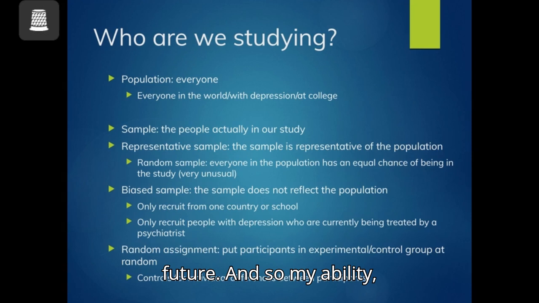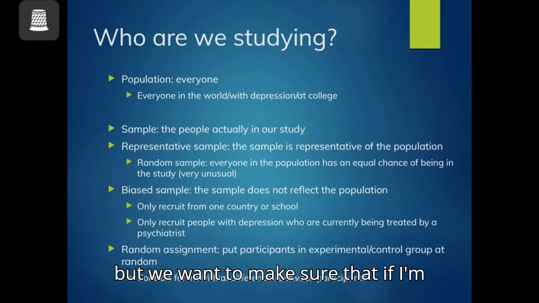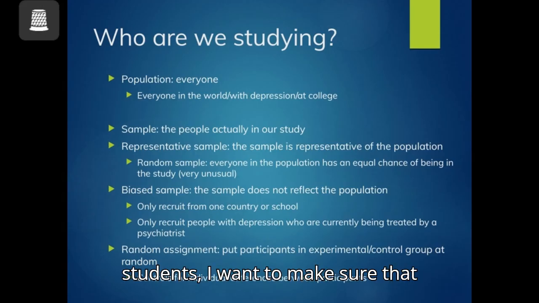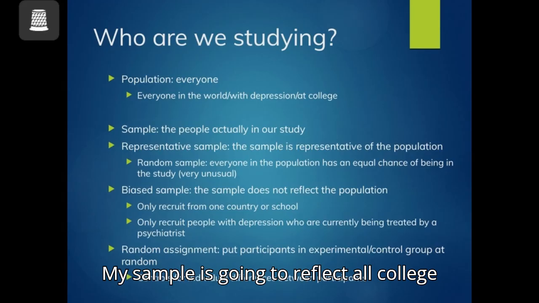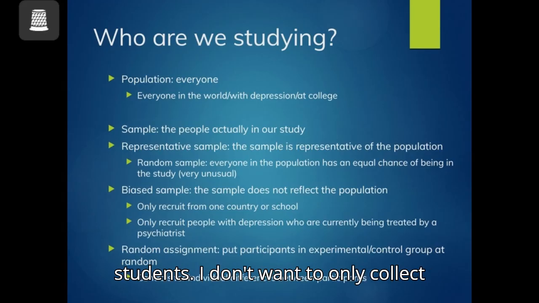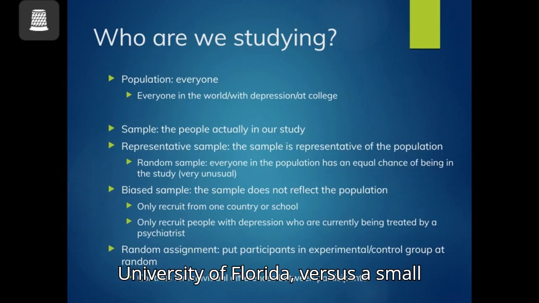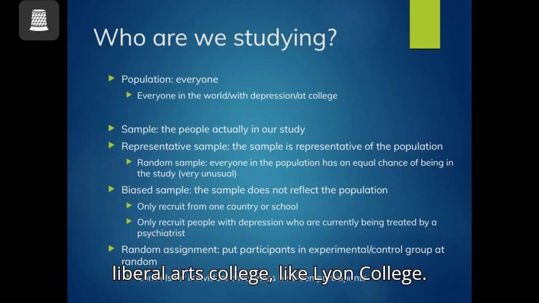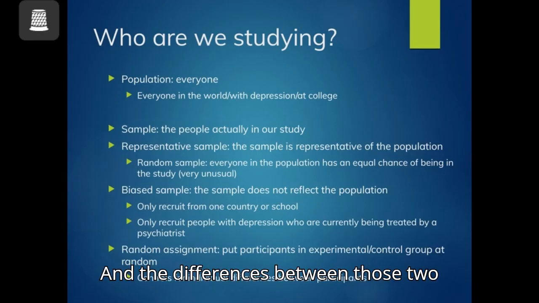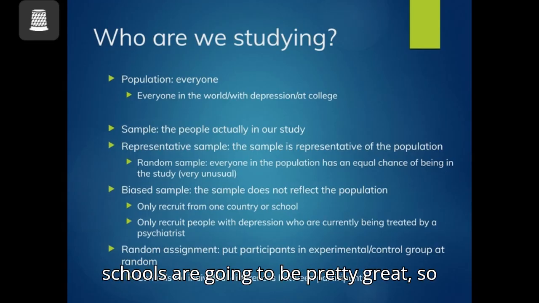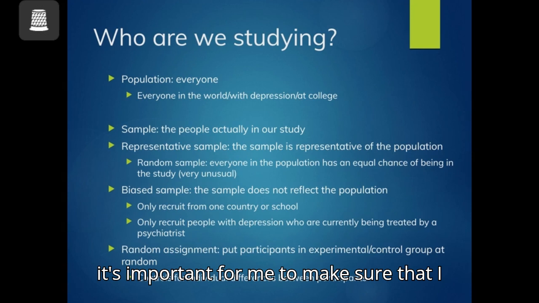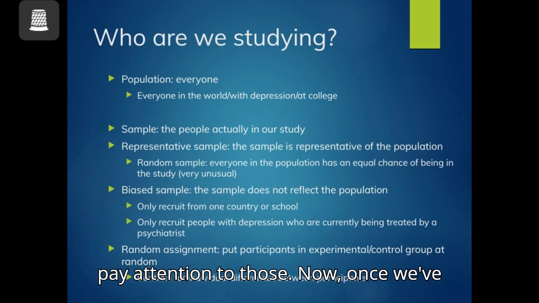And so the usefulness of it is still there, but if I'm talking about college students, I want to make sure that my sample is going to reflect all college students. I don't want to only collect data from a party school like the University of Florida versus a small liberal arts college like Lyon College. And the differences between those two schools are going to be pretty great. So it's important for me to make sure that I pay attention to those.